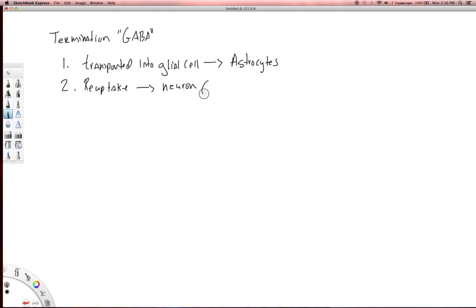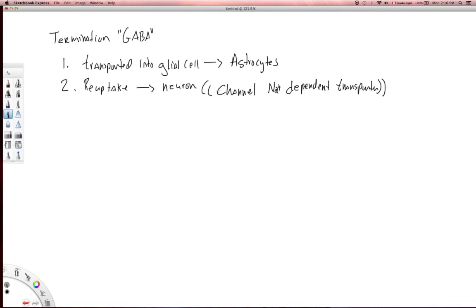This occurs through a designated channel, and just for completeness, it's a sodium dependent transporter. Obviously this is active transport, so your cell is using ATP to do that.